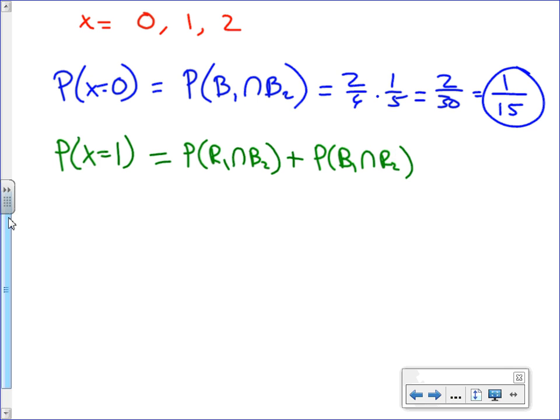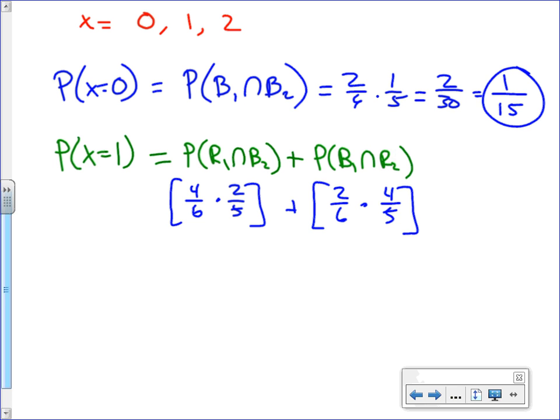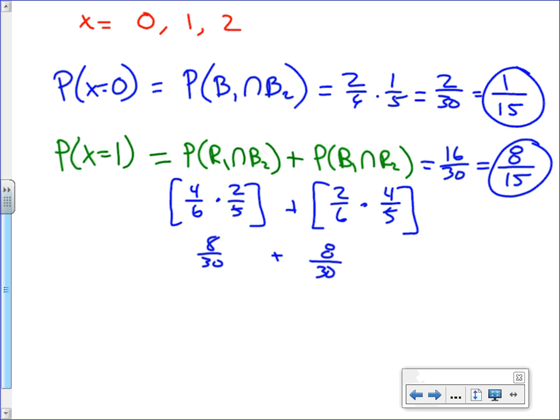So picking the first one as red was 4 over 6 times 2/5, plus 2/6 times 4/5, which I'm pretty sure is the same thing. 8 over 30 plus 8 over 30. So that's 16 over 30, aka 8 over 15. True? True. Okay.